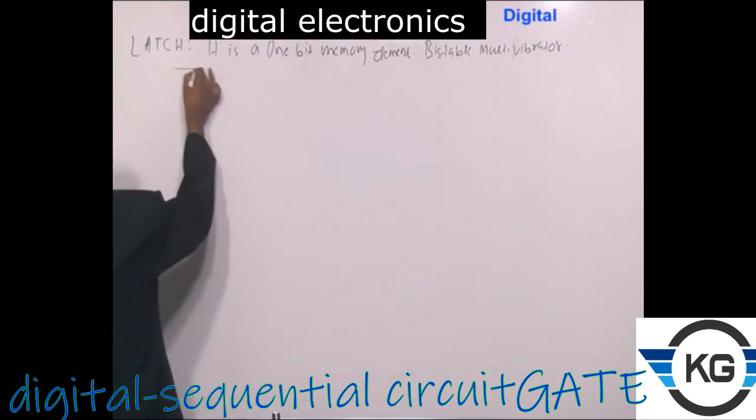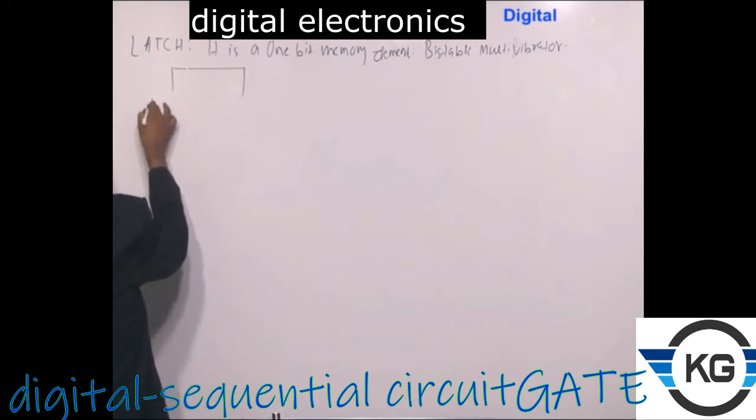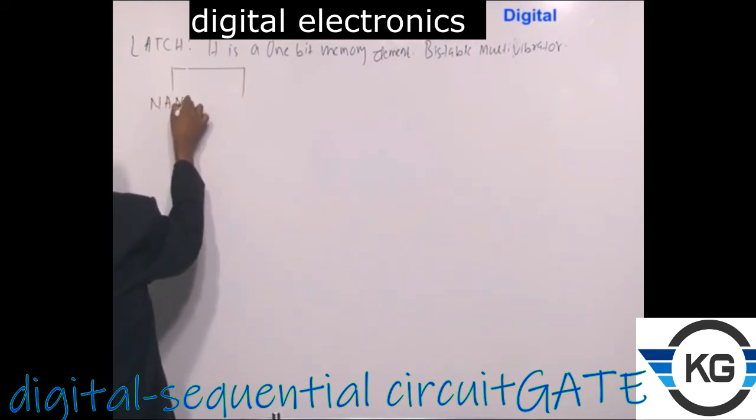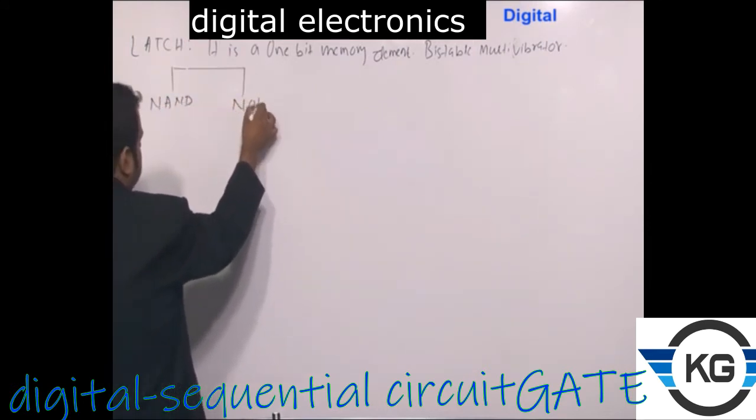These are classified into 2 categories. The first category is known as a NAND latch. The second category is known as a NOR latch. Please try to understand this carefully. If this concept is clear, everything else, the counters, registers, you can easily understand.